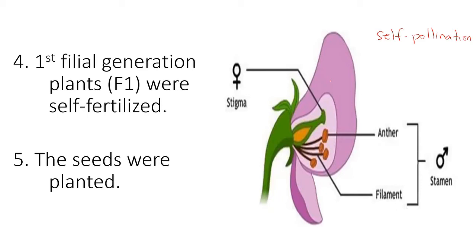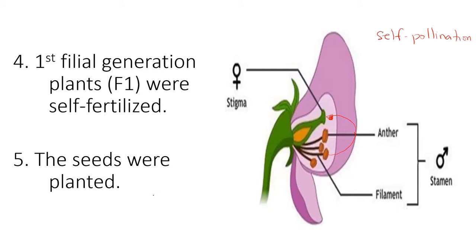In this case, the purple flower, since all F1 offspring are purple, has pollen from its own flower transferred to its own stigma. And after again 2 to 3 weeks, the flower developed a pod, and then the seeds were planted.